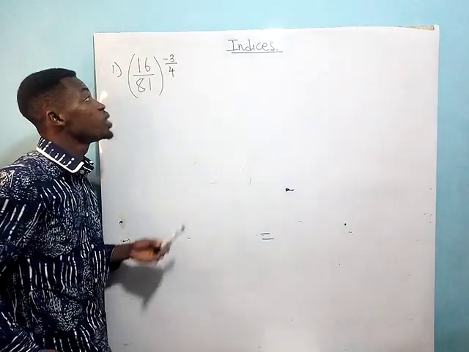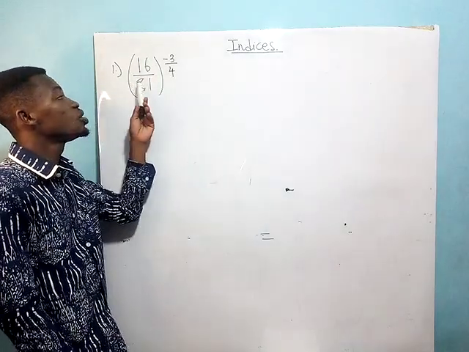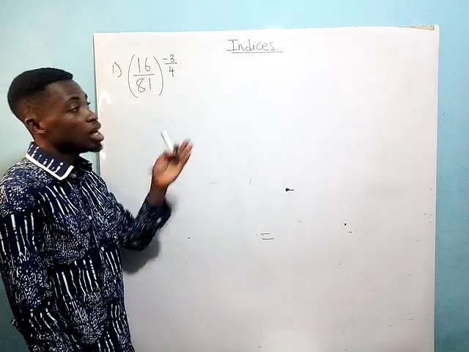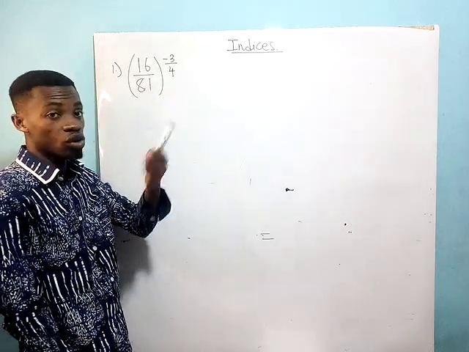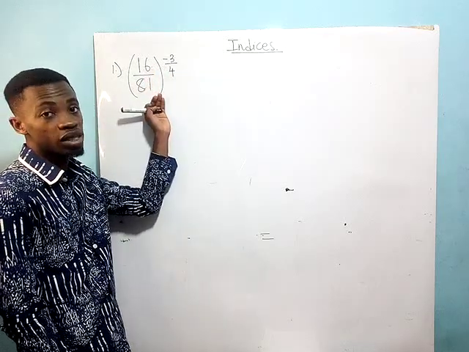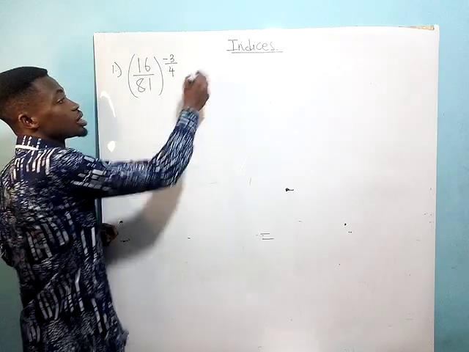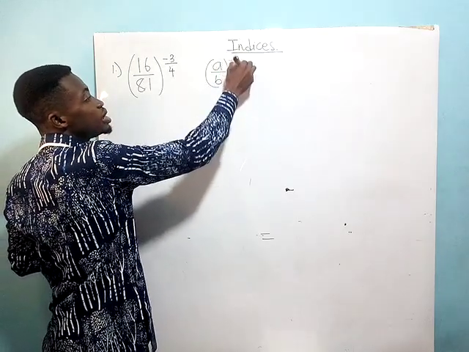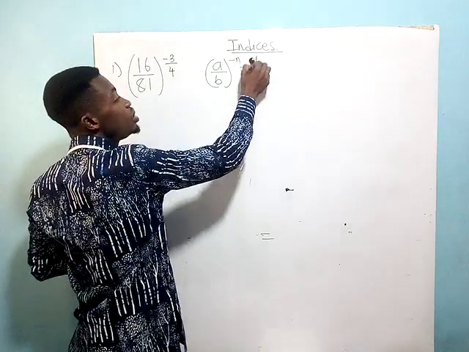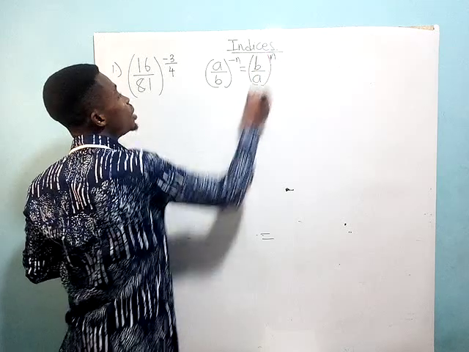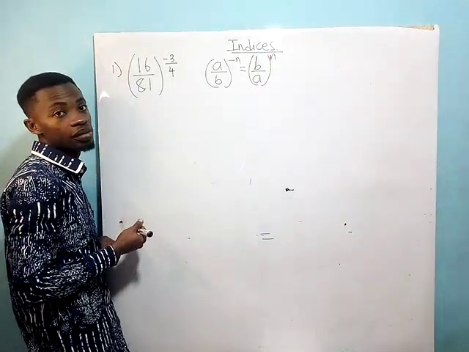Okay, so we have this on the board, 16 over 81, all raised to the power negative 3 on 4. If you remember, or if you go back, the same video, we proved this property. And we learned that a over b raised to the power negative n is written as b on a all raised to the power n.